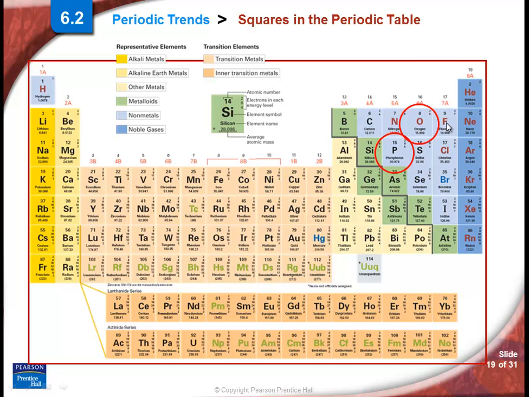The atoms get smaller as we go to the right, so nitrogen's bigger. But we're talking about phosphorus, and since phosphorus is in the same group as nitrogen, we know that phosphorus is bigger than nitrogen, so therefore phosphorus has to be bigger than oxygen. Even if it was one period up and it was nitrogen, it would still be bigger than oxygen.